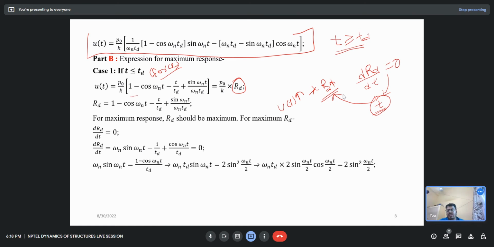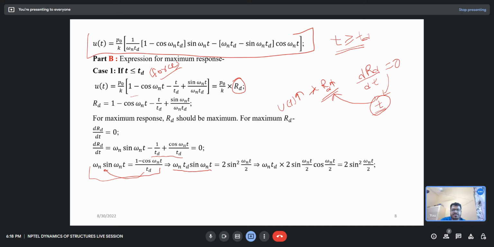After that, this term becomes omega n sin omega n t, taking td as LCM, equal to 1 minus cos omega n t. If I send the td to here, that becomes omega n td sin omega n t equal to 1 minus cos omega n t, and I can write 1 minus cos omega n t as 2 sin square omega n t by 2.